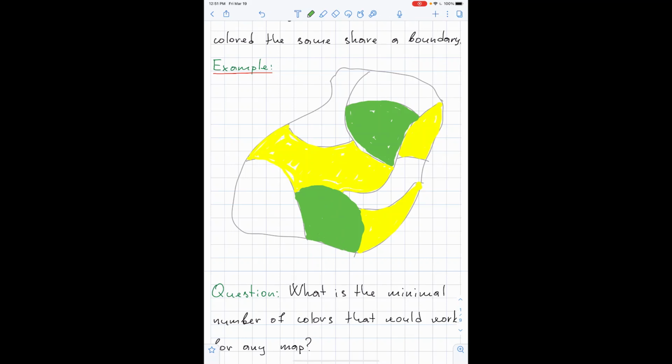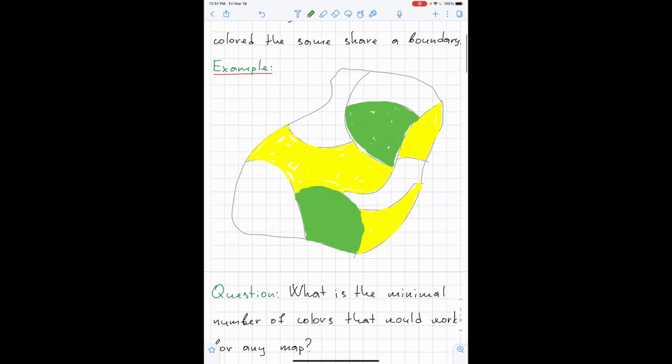But that's it, so no more green. So I need to use another color. Let's say use blue next.